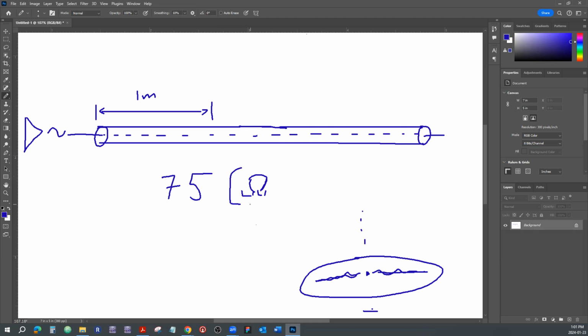All right, so one is 75 ohms, the other one is 50 ohms. Okay, so now you know the difference between impedance and characteristic impedance.